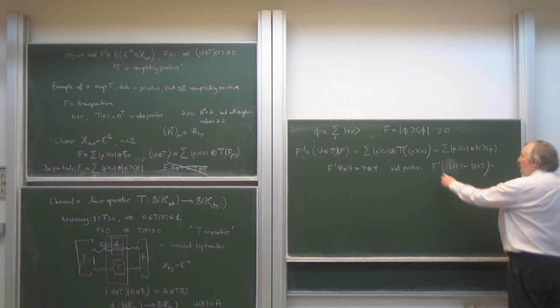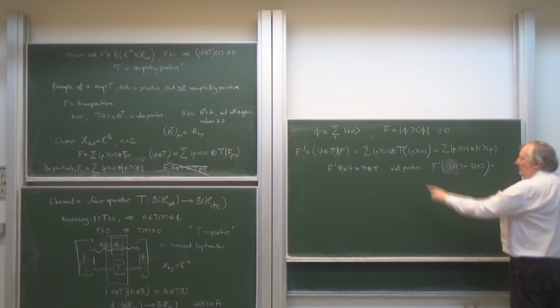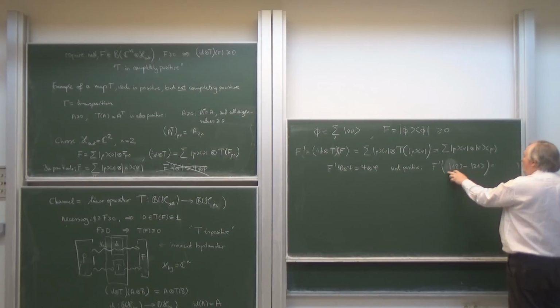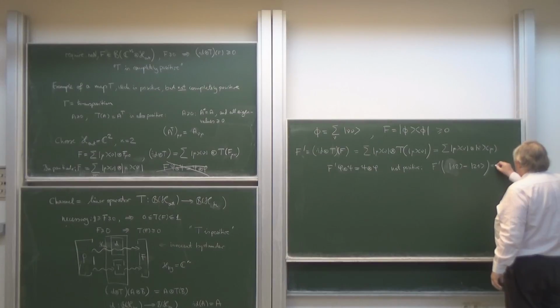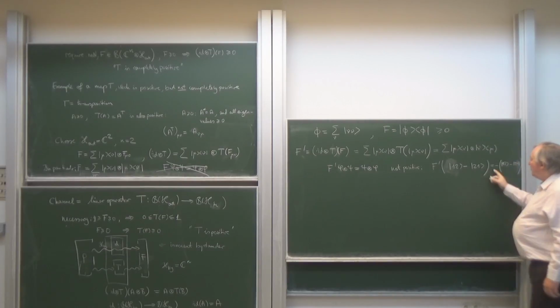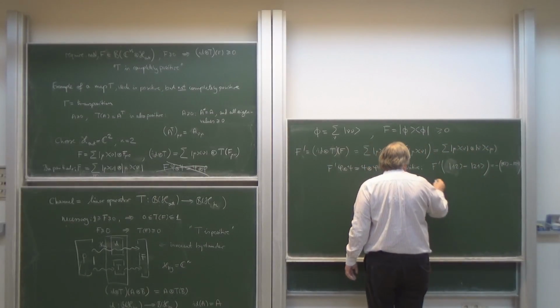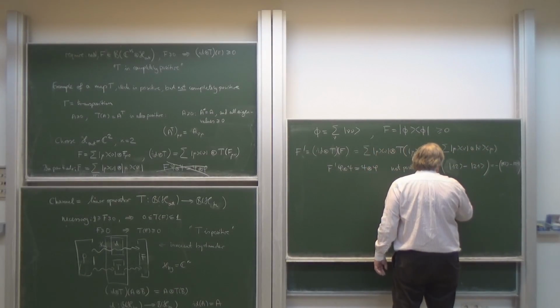And what you get is it will just exchange these 2 terms. So this is minus 1, 2, minus 2, 1. So it has an eigenvalue minus 1.